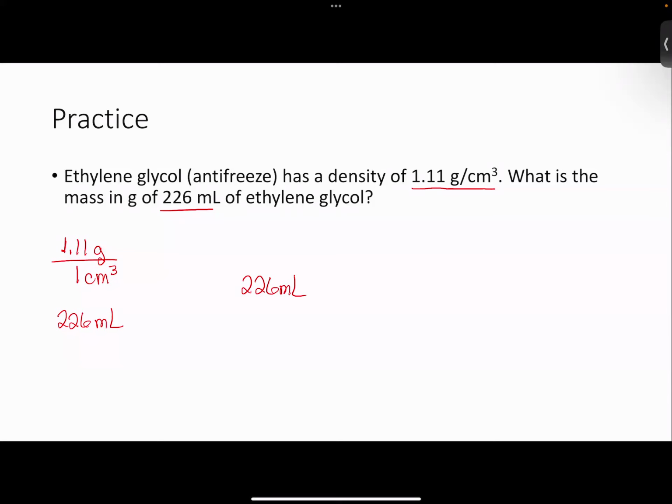Those are two different types of units. But in order to be able to use that, I've got to get this milliliters into centimeters cubed. So I go into my memory bank and I know 1 milliliter is equal to 1 centimeter cubed.